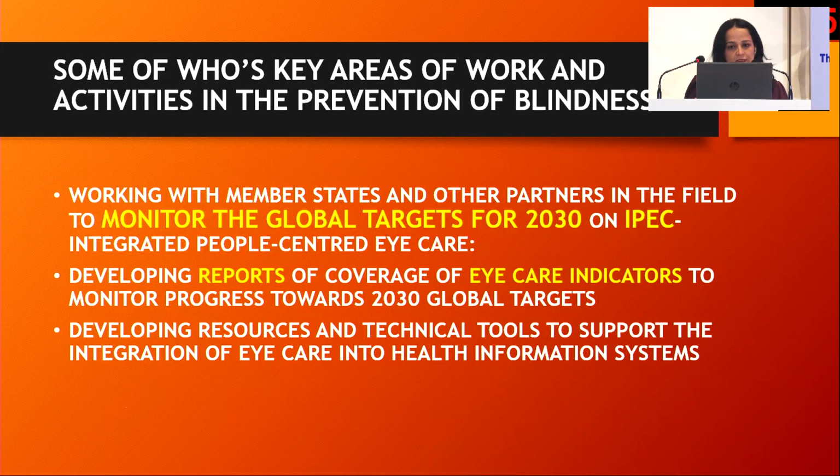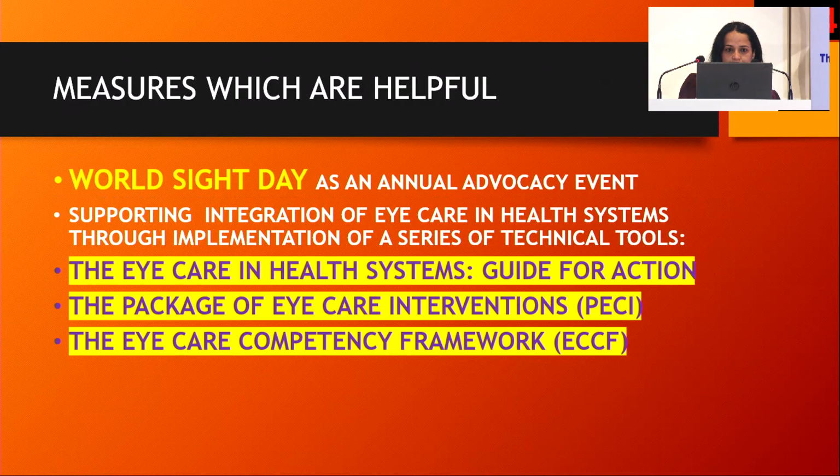Some of the WHO's key areas of work in the prevention of blindness are working with the member states and other partners in the field to monitor the global targets for 2030 on IPC, to develop reports of coverage of eye care indicators to monitor the progress, and to develop resources and technical tools to support the integration of eye care into the health information system.